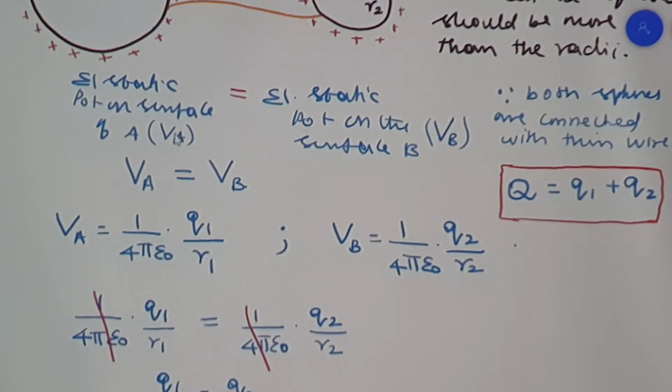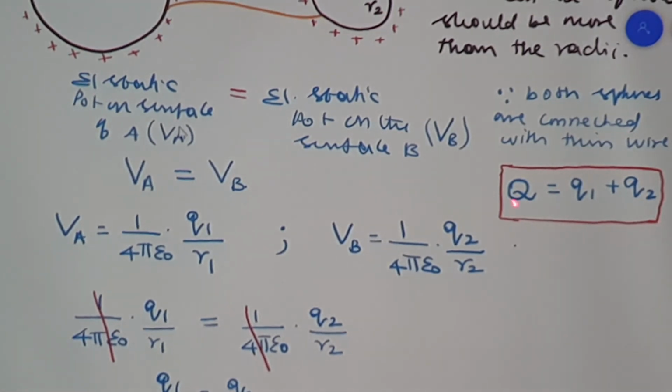So what is the electrostatic potential on the surface of A? Let us consider it as VA. Similarly, the electrostatic potential on the surface of B, let us consider it as VB. So mathematically I can write VA is equal to VB.